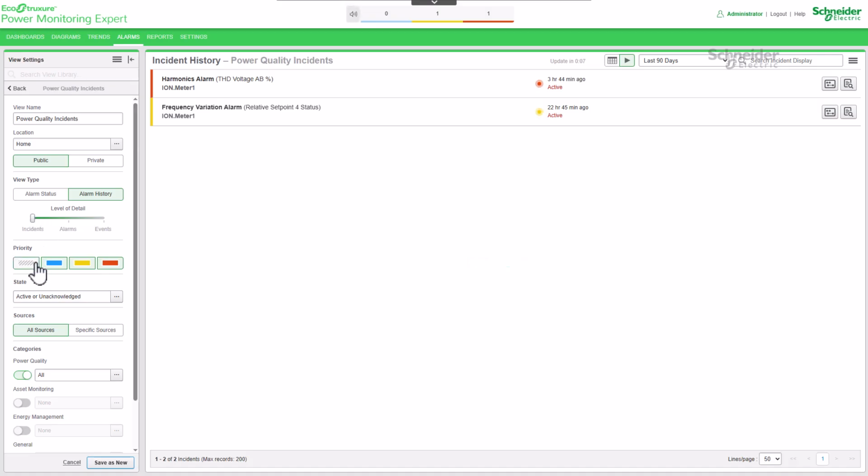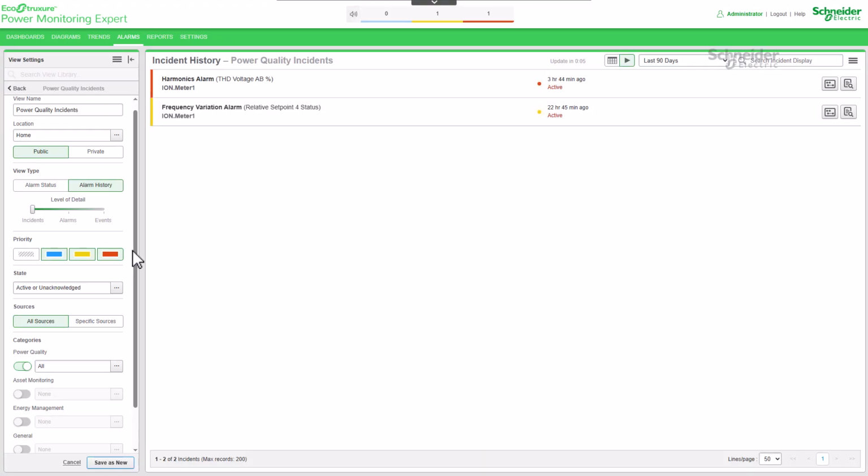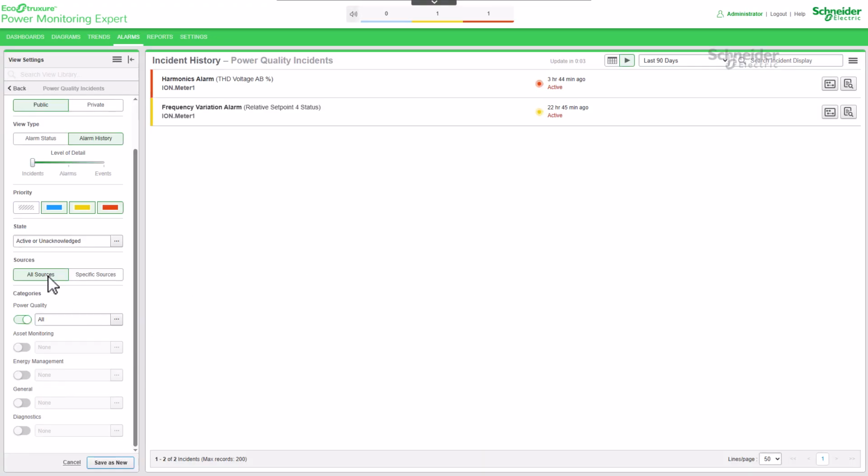In terms of priority, high, medium, and low are enabled, excluding the raw events indicated by the gray rectangle. Regarding state, it is configured to show active or unacknowledged incidents, with no filter for sources, meaning all devices in the system are included.